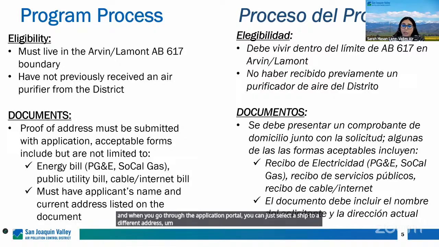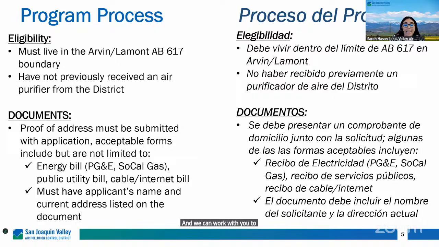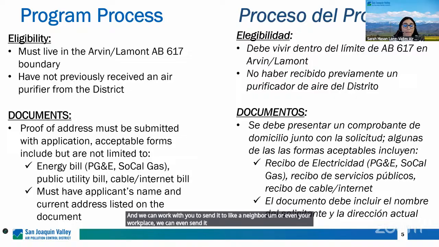We can work with you to send it to a neighbor or even your workplace. We can even send it to the Bakersfield district office so you can pick it up at a later time. Just because you have a PO box and we don't ship it there doesn't mean we won't work with you. We can definitely work to send it to a place where you can pick it up.